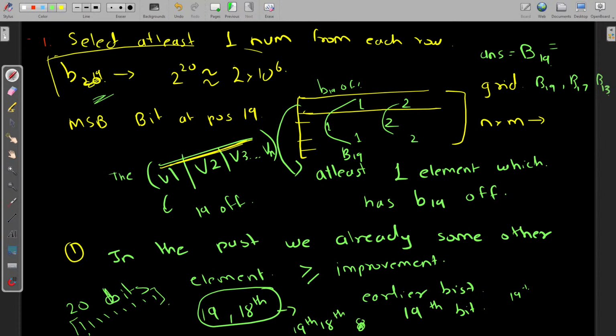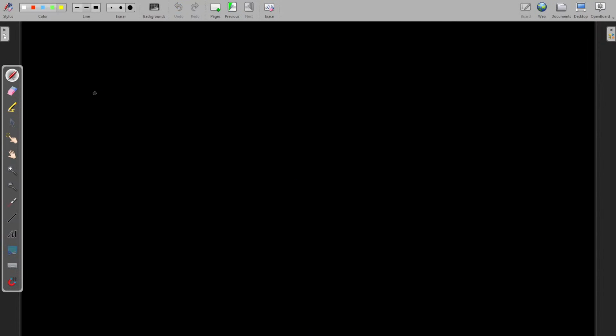Then I will check, can this bit be turned off in all the numbers? If yes, I will turn this off. Then I will go to the next number, and I will again try to see, let's say I am on this particular index. So initially I will have a long 19-bit number initialized with all ones.